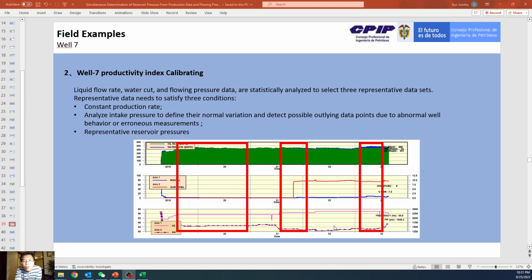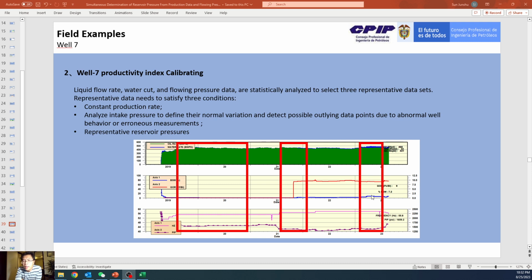Second period, from July 2021 to January 2022: flow rate consistent, and ESP frequency at 56.5 Hz. Intake pressure stable and declining.